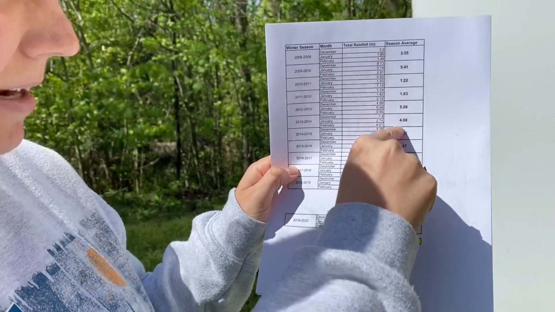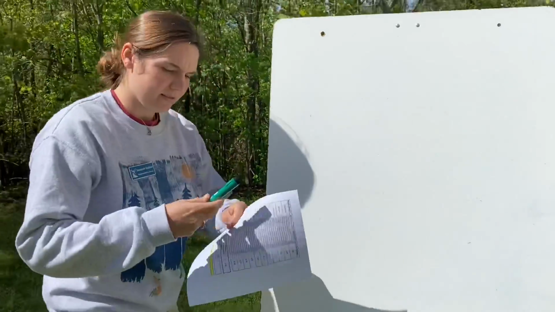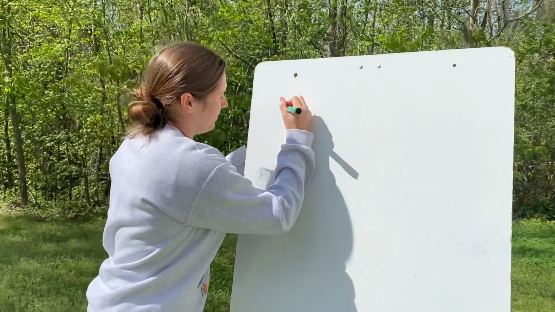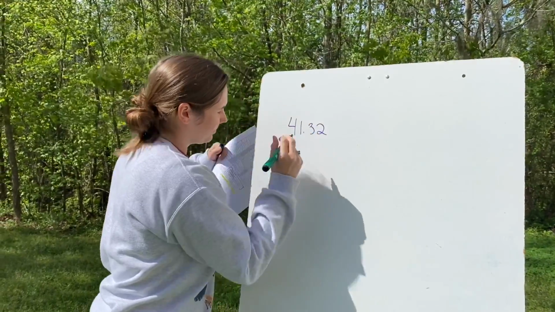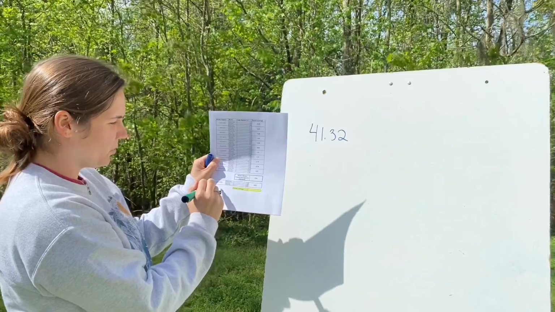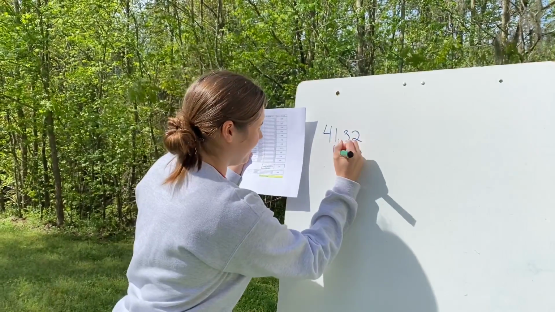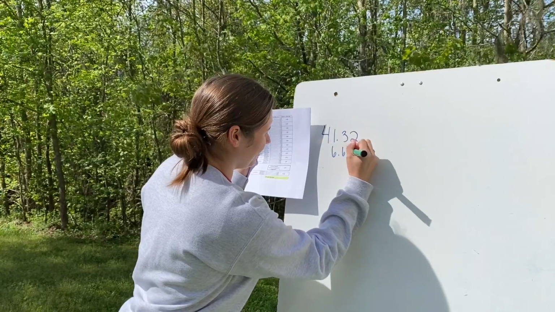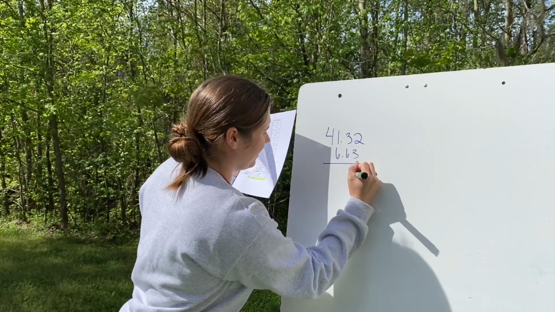So when you add all of these up here, what we actually get is 41.32. So now we're going to add in this average from 2019 to 2020, and we're going to get 6.63. Okay, so let's do some math here.